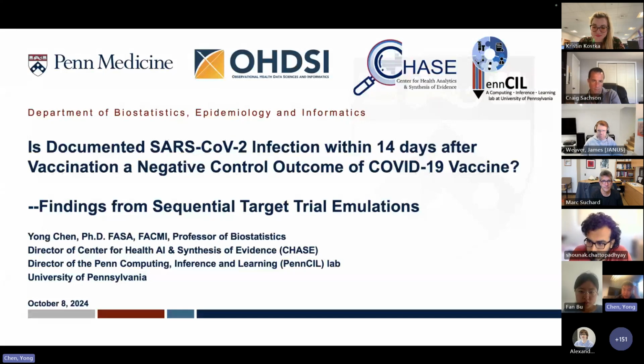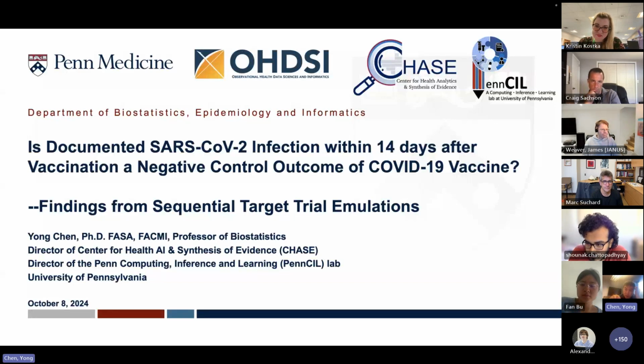So if you observe anything like the infection within a week after the vaccination or within 2 weeks after the vaccination, that protection could be an artifact. And we can use that artifact to calibrate the results.